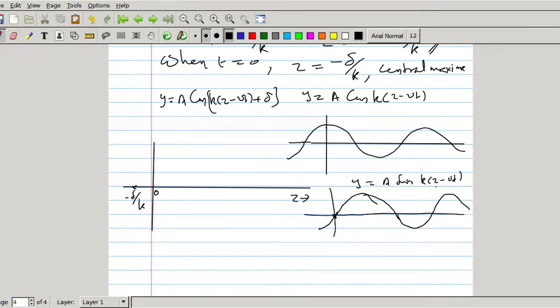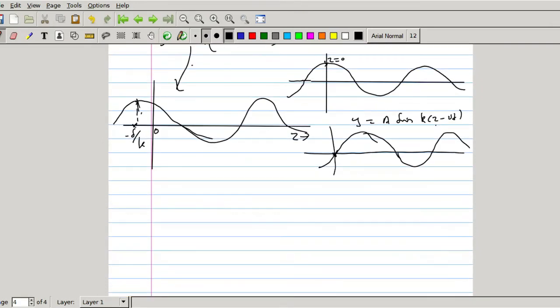For the earlier equation we get the central maxima at z equal to 0, but for this equation the maxima is shifted towards the left. So its maxima is shifted by delta by k towards the left, and the phase difference is minus delta by k at t equal to 0.